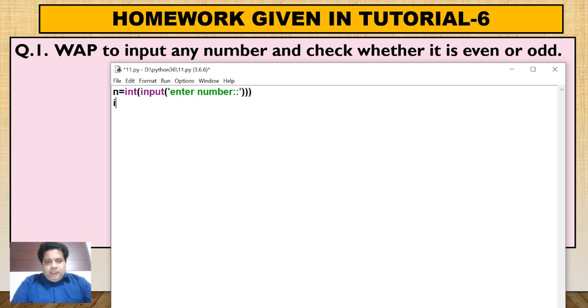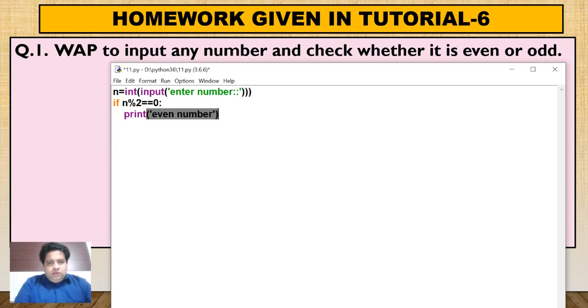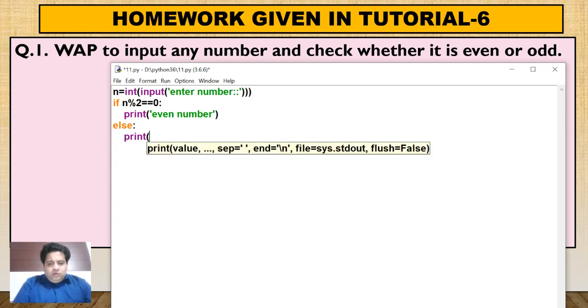Now check whether it is divisible by 2 or not. To check divisibility, there is an operator known as percent. Percent means modulus operator. So if n mod 2, if we divide n by 2, what should the answer be? 0. So the remainder should be 0. So double equal to 0. So print even number, else print odd number.